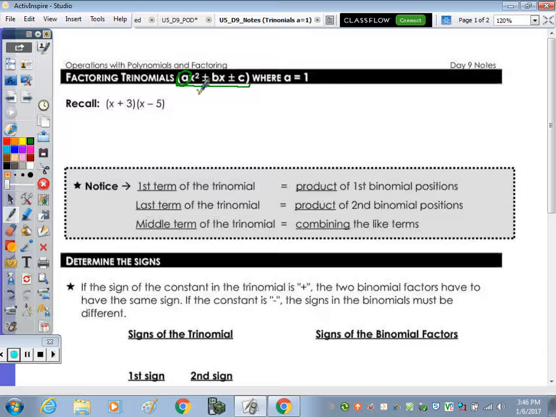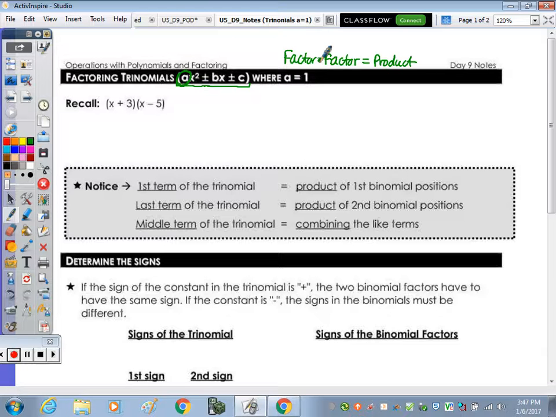Okay? Before we start factoring, as factor times factor equals a product, we're going to start by multiplying, because when we factor, we undo that product.